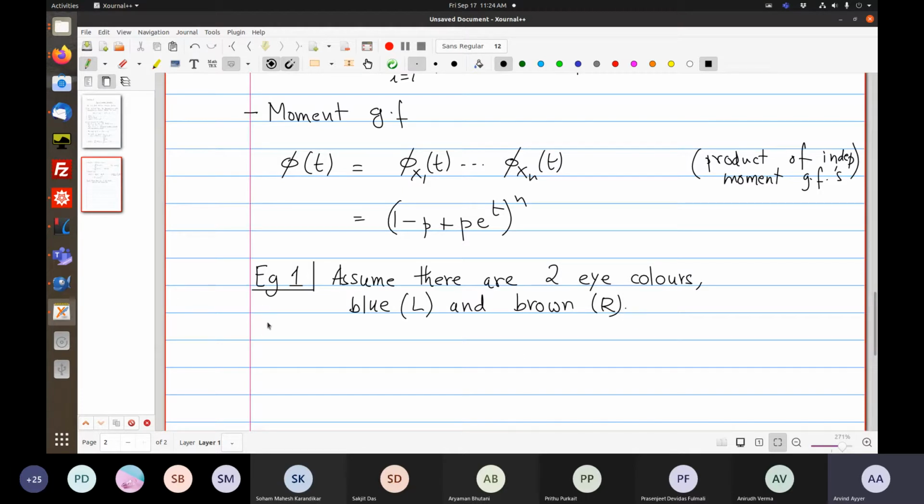It turns out that eye color is determined by a pair of genes, which take values either L or R.